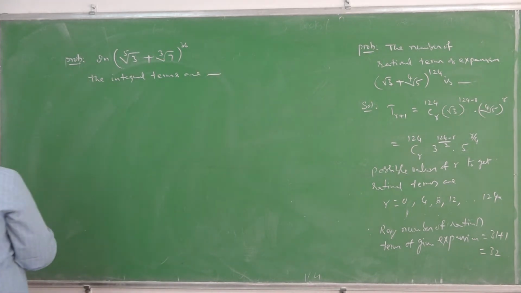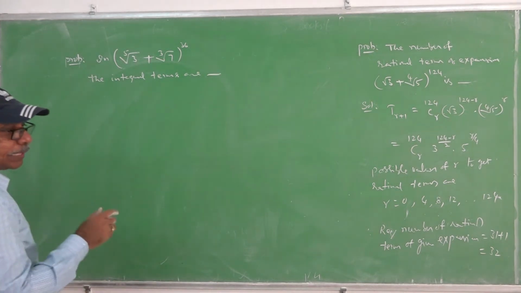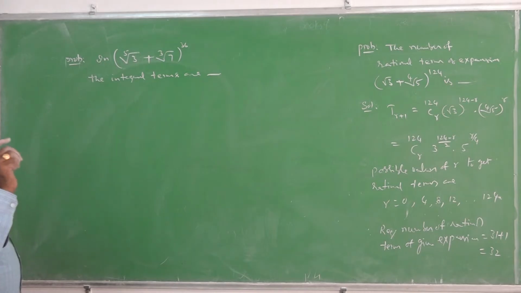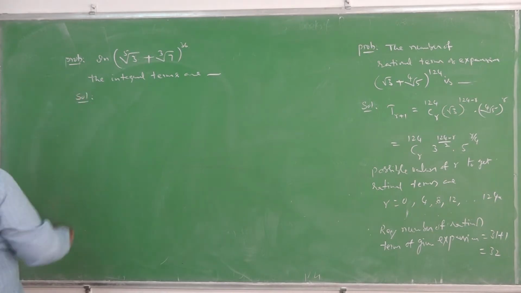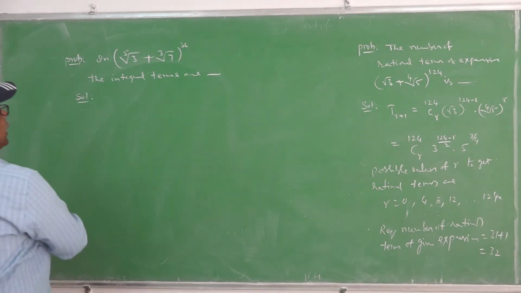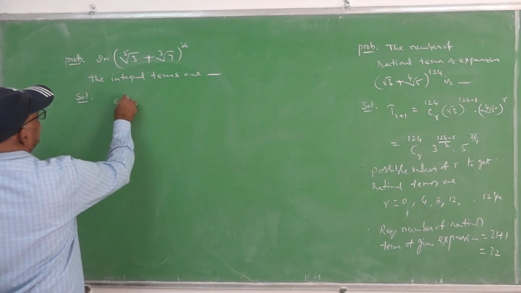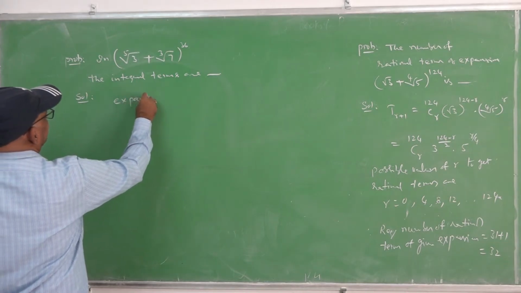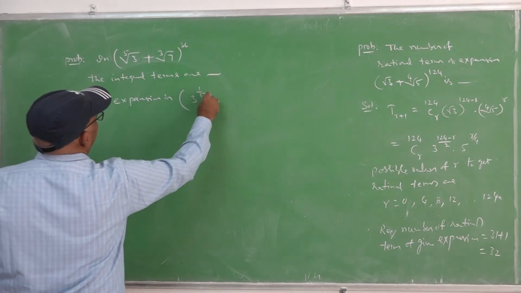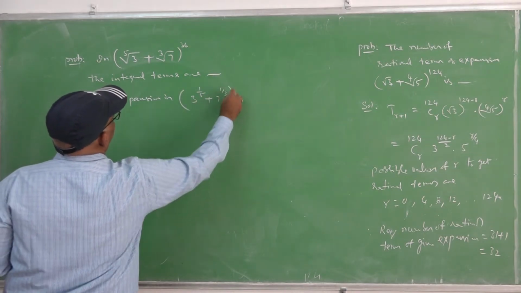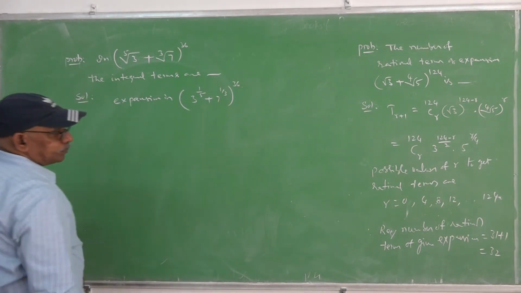Integral terms means integer terms, no fractional powers here. The expansion is (3^(1/5) + 7^(1/3))^36.